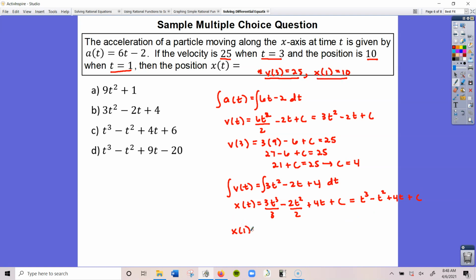So x of 1 is going to equal 1 to the third, which is 1, minus 1 squared, which is 1, plus 4 plus c is equal to 10. 1 minus 1 cancels, so we have 4 plus c equals 10, making c equal to 6. So this is my general solution for position. My final equation for x of t is going to equal t to the third minus t squared plus 4t plus 6, which is c.